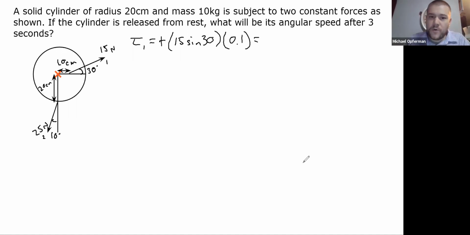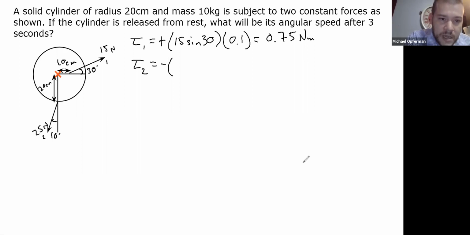Okay, so torque number 1 is 15 times sine of 30 times 0.1, which is positive 0.75 newton meter. Torque 2. This torque is acting in the clockwise direction, which means it's negative.